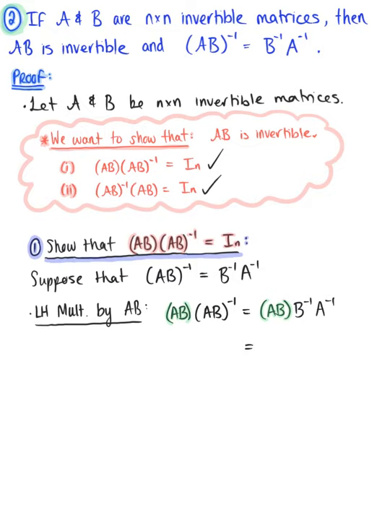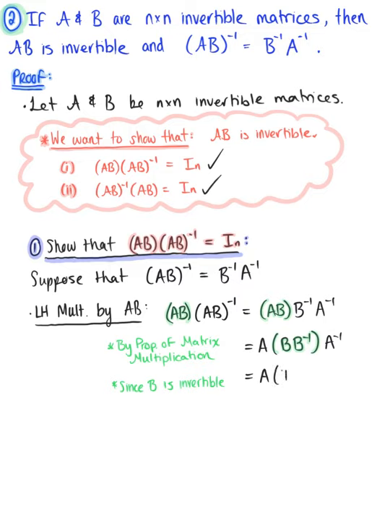Well, by properties of matrix multiplication, we can reorder this right-hand side so that we have matrix A multiplied by matrix B times the inverse of matrix B multiplied by the inverse of matrix A. And now, since matrix B is invertible, we know that this is equal to matrix A times that n by n identity matrix multiplied by the inverse of A. Or in other words, this is simply matrix A times the inverse of A. And hey, since matrix A is invertible, that's equal to the n by n identity matrix, which is exactly what we need.